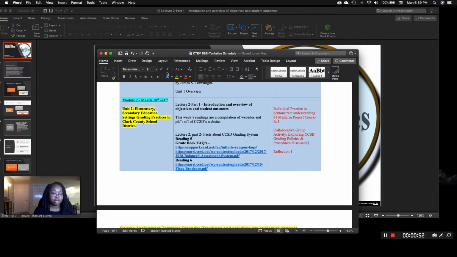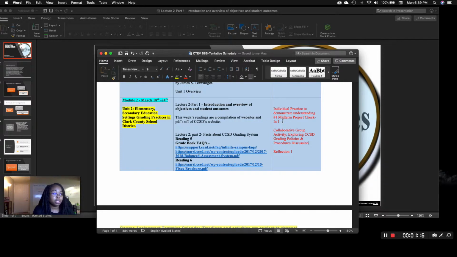They're actually more or less handouts and PDF descriptions of grading policies within CCSD. So don't get overwhelmed. Some of them are like 1 or 2 pages, one having graphics and 2 having some descriptives, and one of them is a brochure. The only article is reading 7.